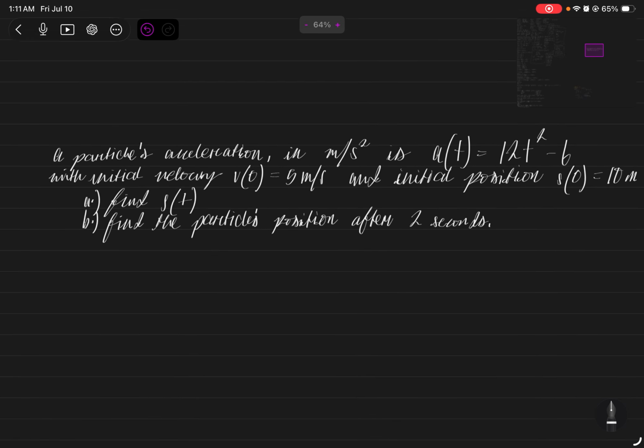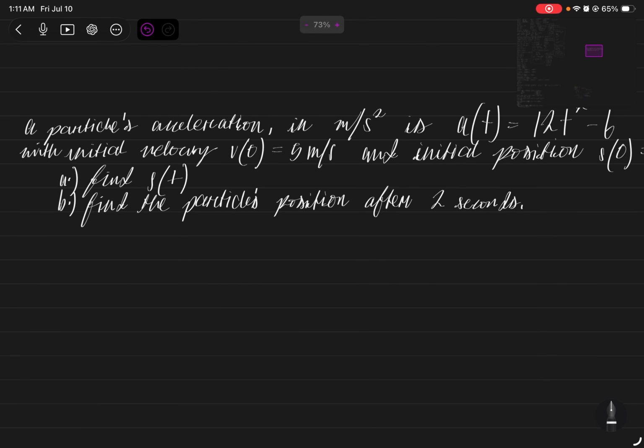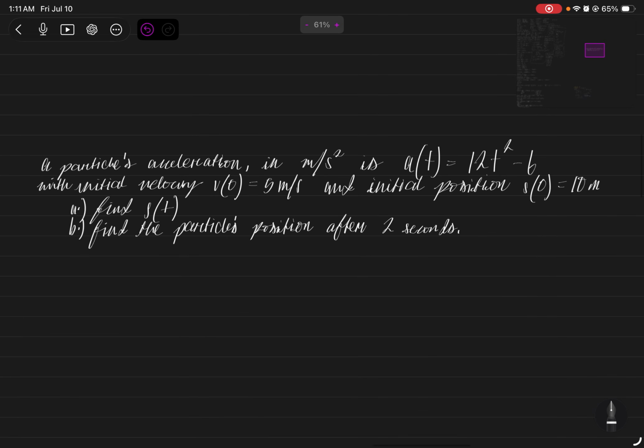So analyzing the problem, before we define the particle's position after 2 seconds, we need to find the s of t since it's just simple substitution afterwards.